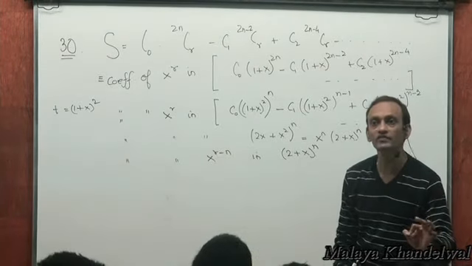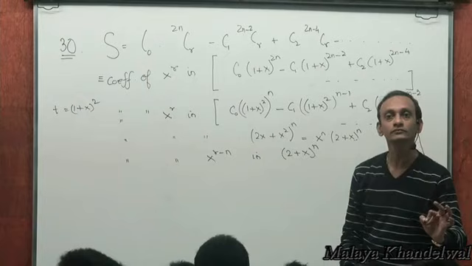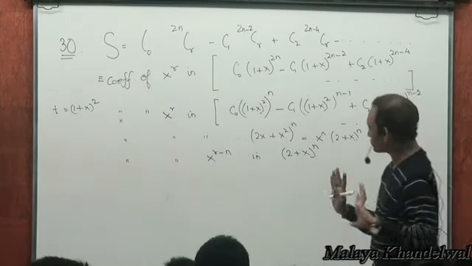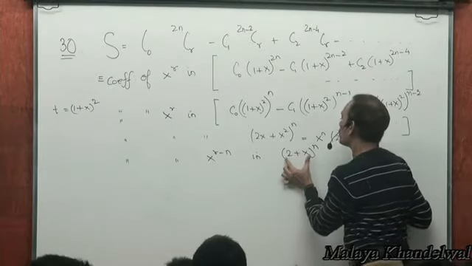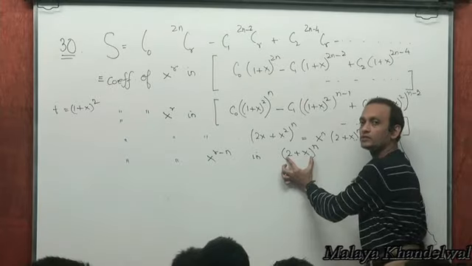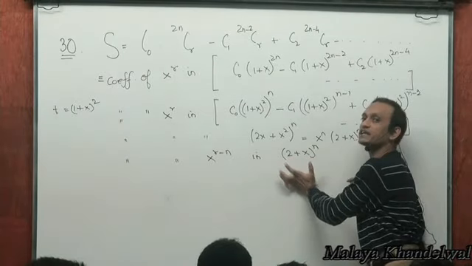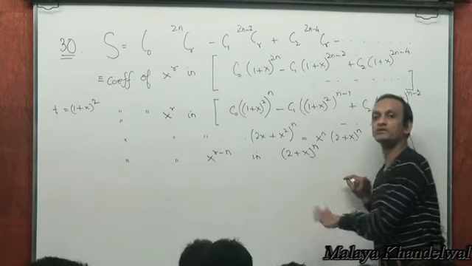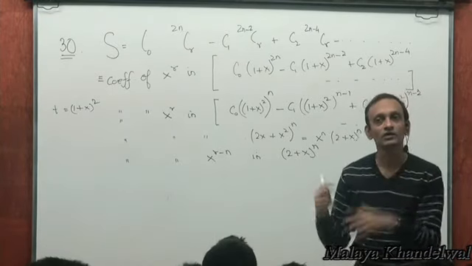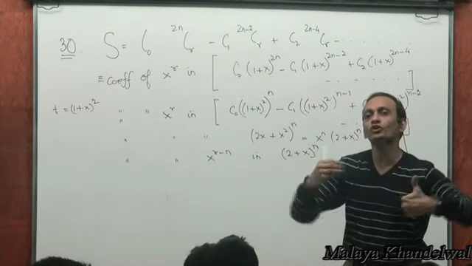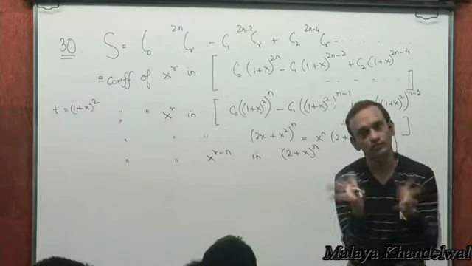Is there anyone who's confused about this fact? No? Prince? I'm saying, what are the powers of x that appear here? x^0, x^1, x^2, right? Does x^(-1) appear? Does x^(-2) appear? No, it doesn't. We say 0 times x^(-1), 0 times x^(-2). The terms that don't appear, the coefficient of those terms is 0, right?